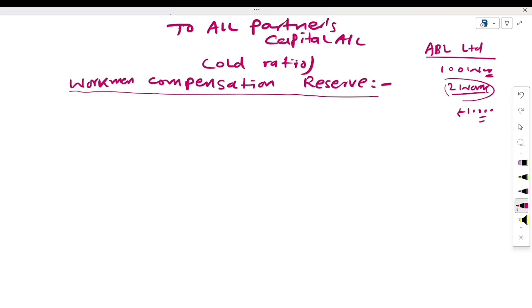Now, the claim may exist or may not exist. It depends upon the workers. Here is the first entry that we will have to pass when a claim against workmen compensation reserve doesn't exist.